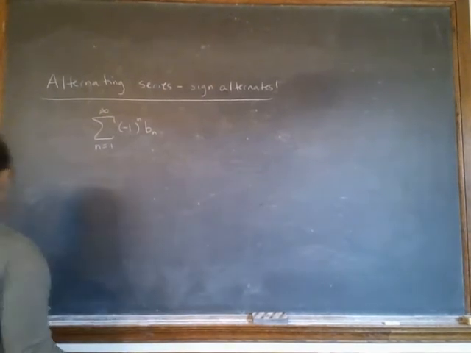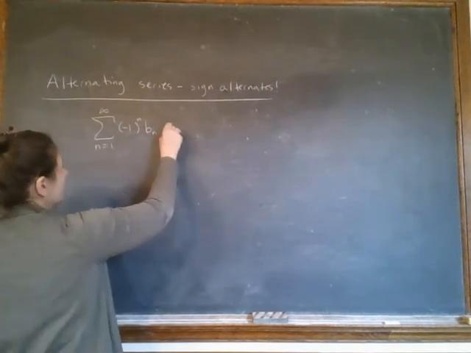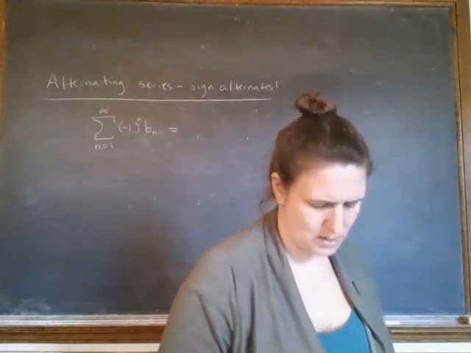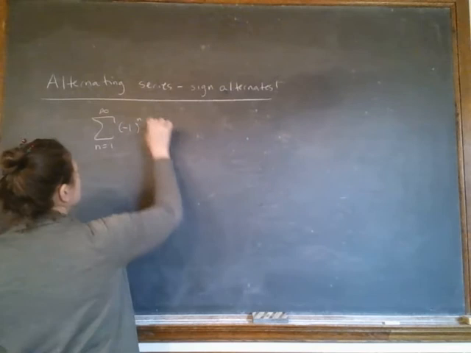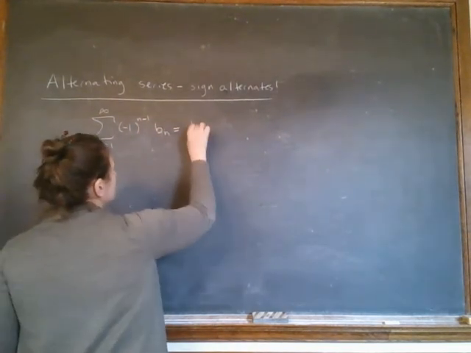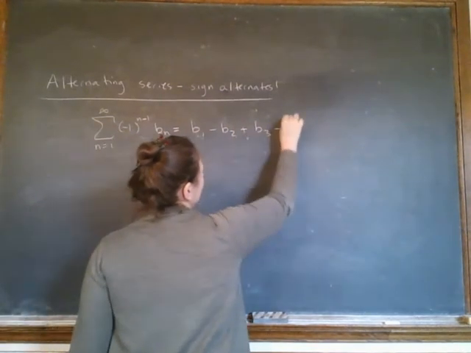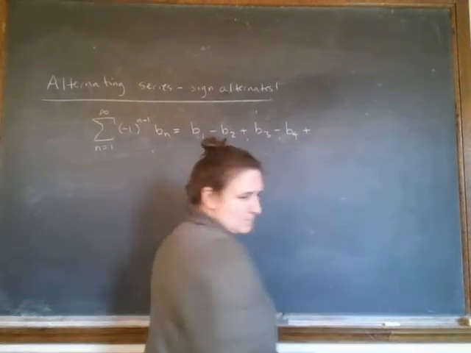I suppose he wants it as n minus 1 to be correct. I'm trying to be consistent with the book here because he's going to start with b1 minus b2 plus b3 minus b4, this sort of thing. Okay?